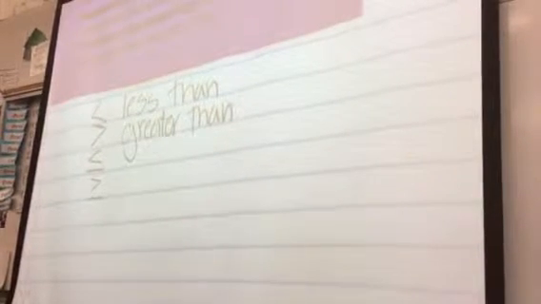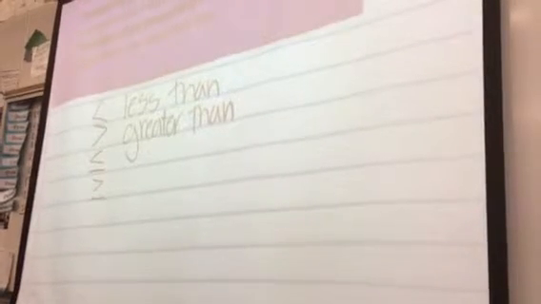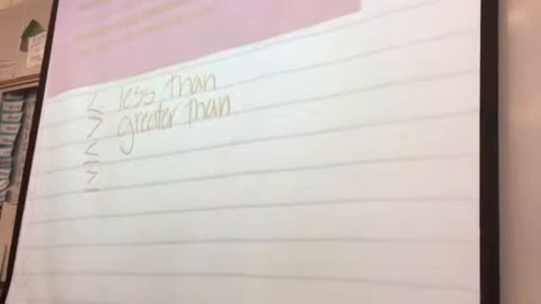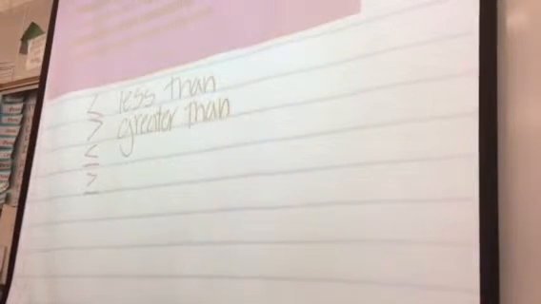Tell your neighbor something you notice about them. Okay, I need all eyes up here in 3, 2, 1, and 0. Haley, what do you see? That they're the same thing as the first two, except they have a line underneath them. Perfect. They're the exact same as the other ones, but there's a line underneath them.